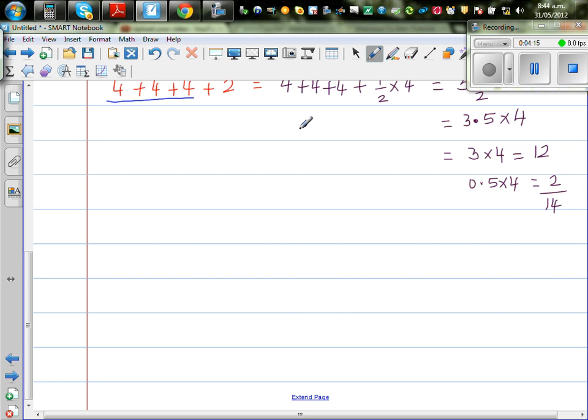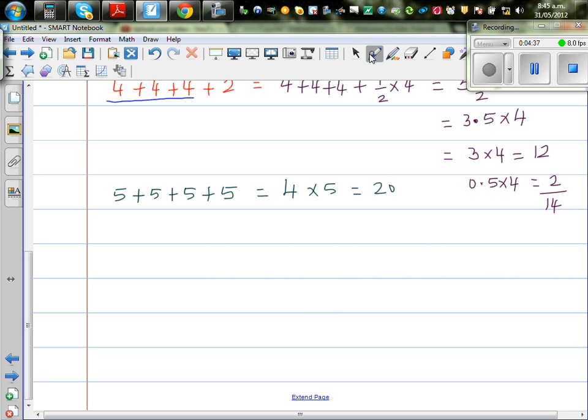Let me explain one more thing. Suppose it is 5 plus 5 plus 5 plus 5. You've got 4 lots of 5, so this is the same as 4 times 5, which is 20.